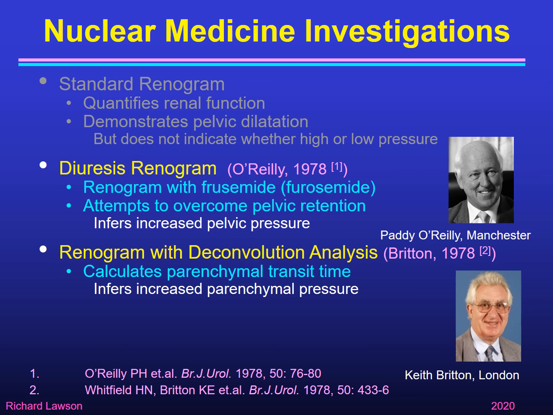Meanwhile, Paddy O'Reilly was a urology registrar in Manchester Royal Infirmary, and he and his colleagues developed the technique of diuresis renography. So Paddy became not only a successful urological surgeon, but also an international expert on the subject of diuresis renography. So in the 1980s, I remember there were often lively debates at nuclear medicine meetings about the relative merits of the two techniques, as both authors presented their latest papers.